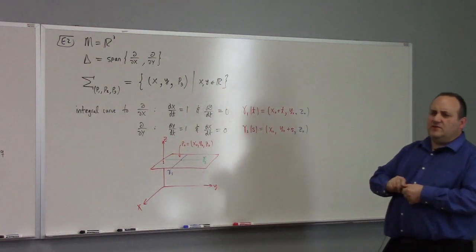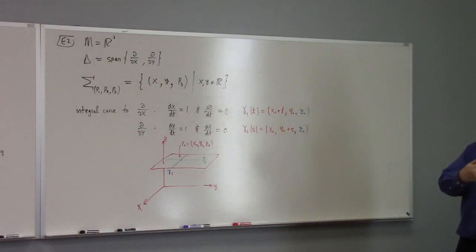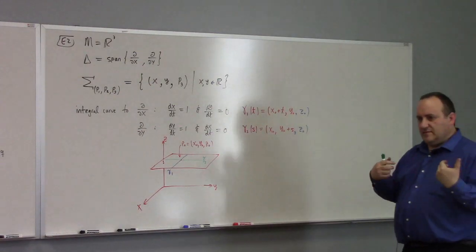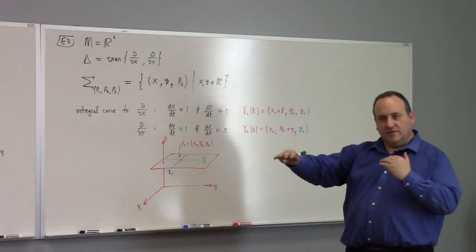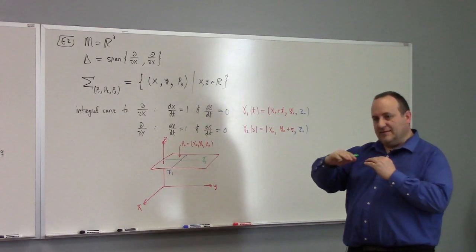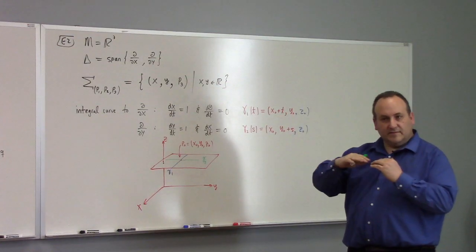So essentially, you can use the integral curves of the given vector fields and flow along those curves, and they're going to trace out a potential direction in what you'd like to be an integral submanifold.